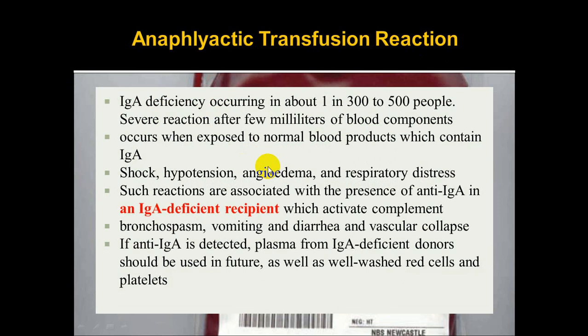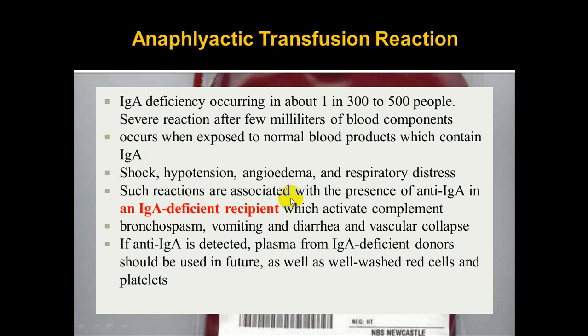complication. Anaphylactic reaction, due to IgA deficiency, occurs in about 1 in 300,000. It is a severe reaction after a few milliliters of blood component when exposed to normal blood product which contains IgA. So an IgA deficient recipient with an IgA positive donor gets shock, hypotension, anaphylactic reaction.